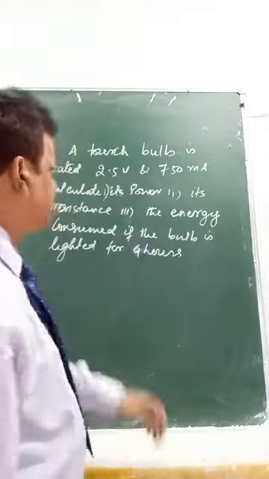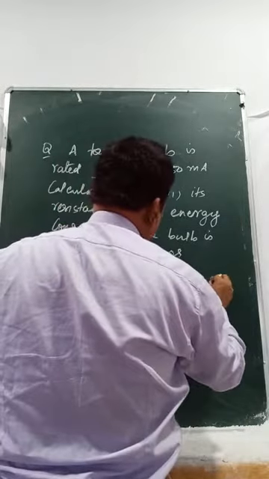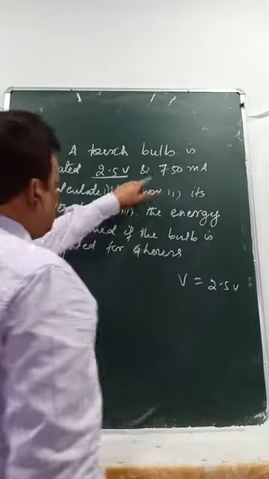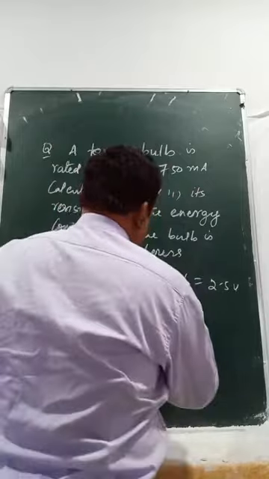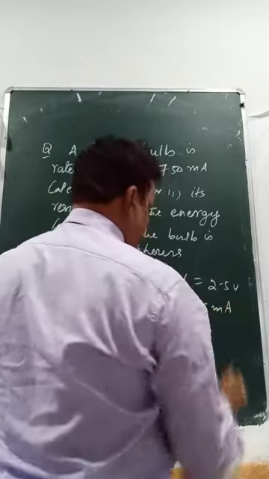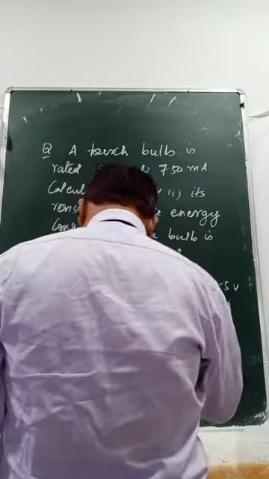So now, 2.5 volt. V equals 2.5. Okay, 750 milliampere. Milliampere means current is given, 750 milliampere. So convert to ampere.